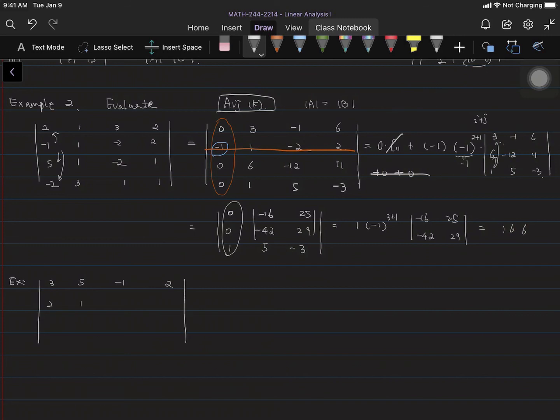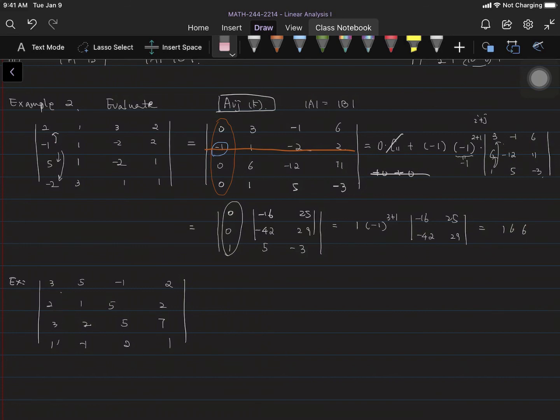2, 1, 5, 2. Because we can use any row or any column, you can pick which column. You don't have to pick the first column always. You can pick another column. For example, you can use this one to make them into zeros, right?